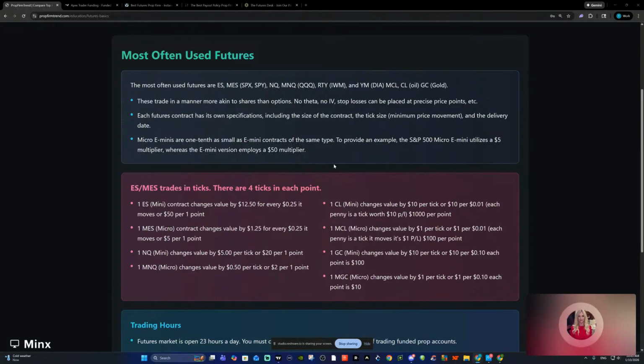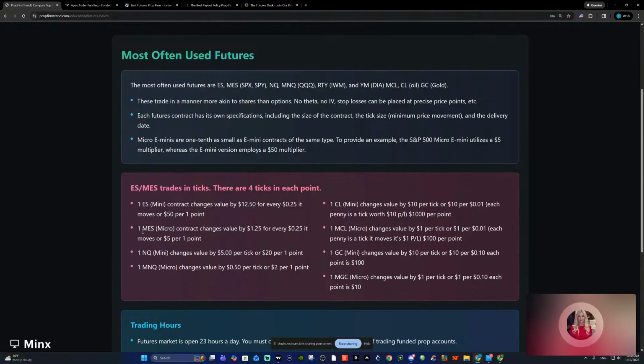Let's say we're trading at 7,000 on ES and it moves by 10 points. Let's say it goes up to 7,010. Those 10 points that it moved, that's $500. In trading S&P 500 and NASDAQ, there are 4 ticks in each point. So for ES, for every 25 cents that it moves, it's $12.50.